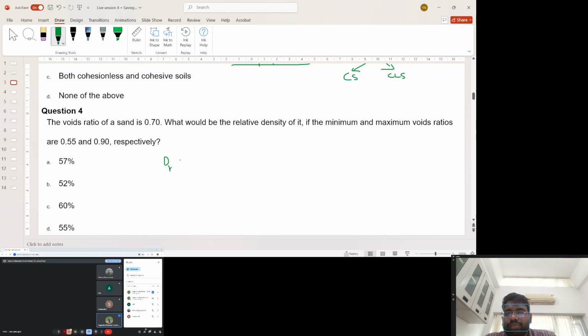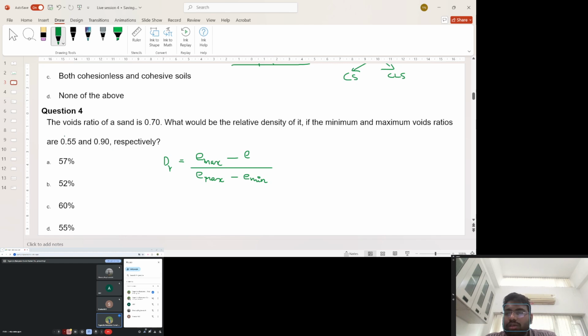Dr is equal to (e max minus e) divided by (e max minus e min), right?